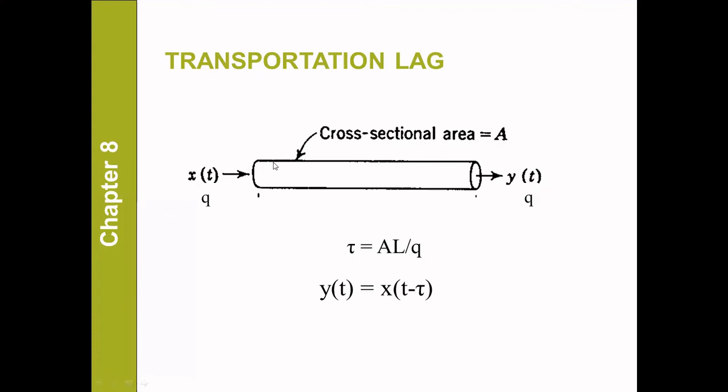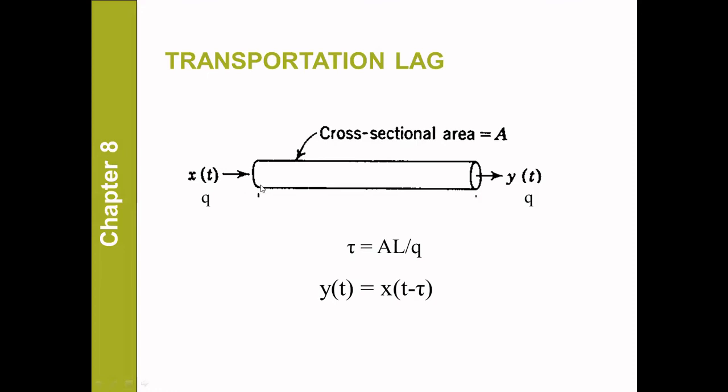Or shall we say the volume at a particular differential volume divided by the volumetric flow rate. So since this is volume divided by the volumetric flow rate, the tau still has the time unit. So it's the time required for this volume element of fluid to travel from this section to this section.